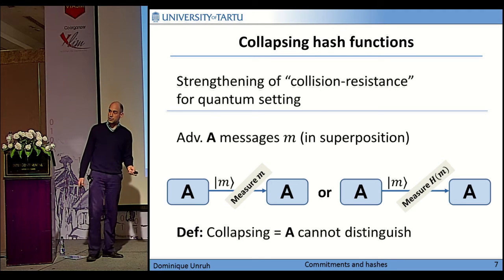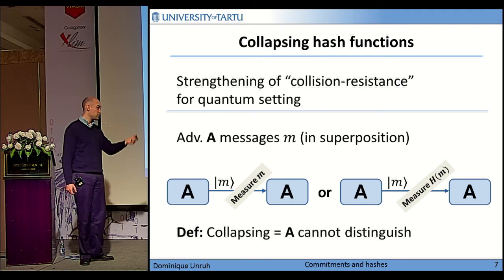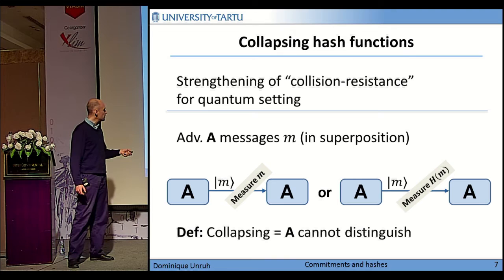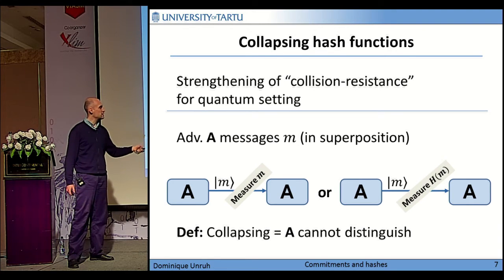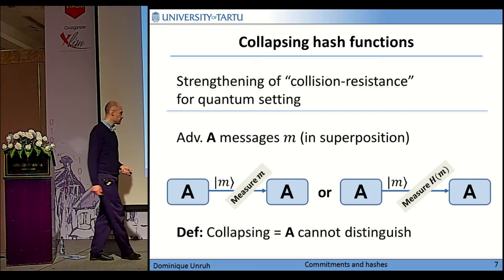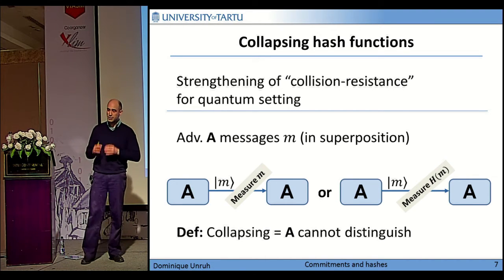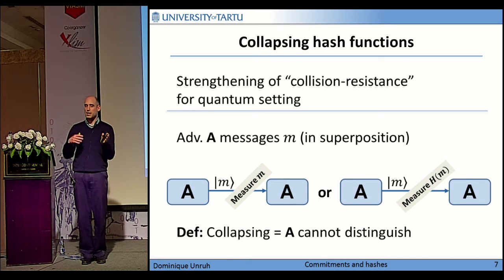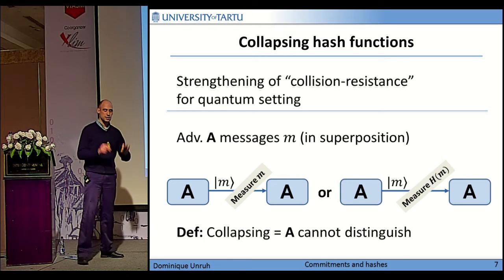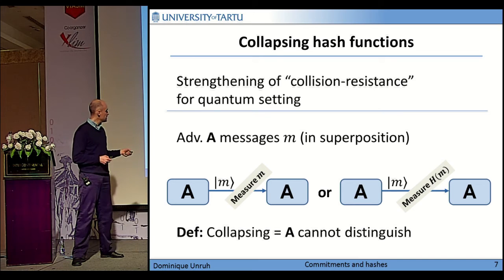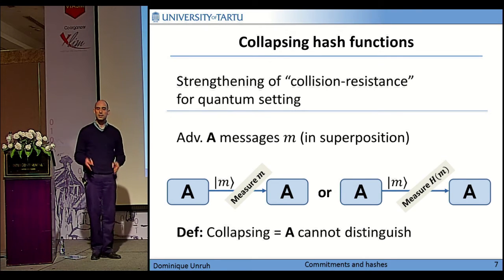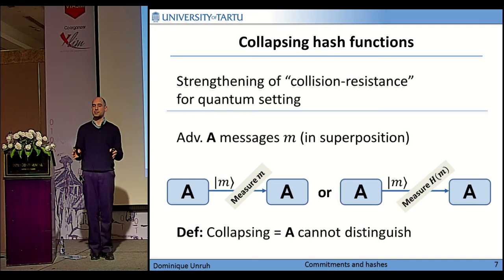And now the definition of collapsing is in principle very simple. It says that an adversary cannot tell whether he runs in this setting or in this setting. What does this intuitively mean? Intuitively, if we ignore all the issues like computational limitations and just think information theoretically, it means that measuring M and measuring the hash of M do the same thing to the state.